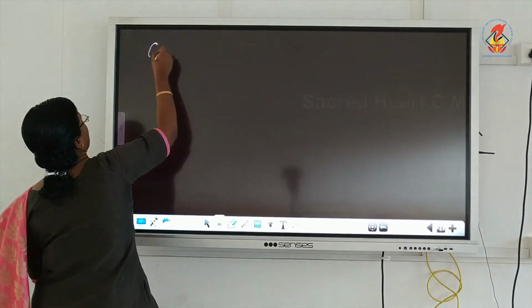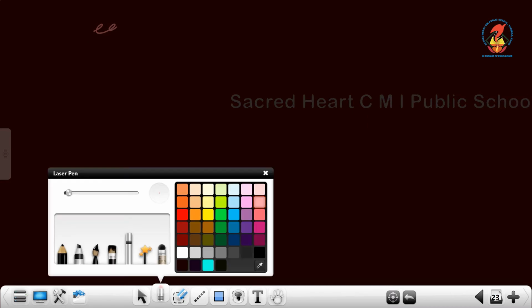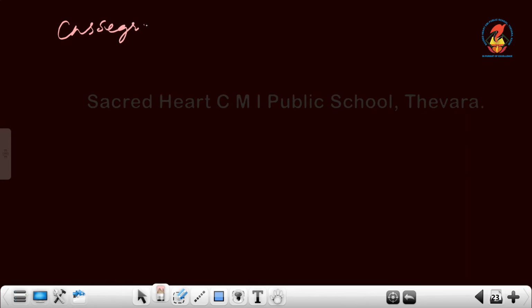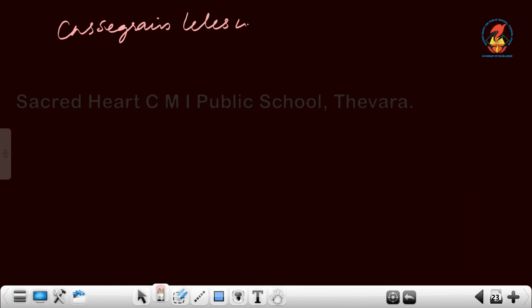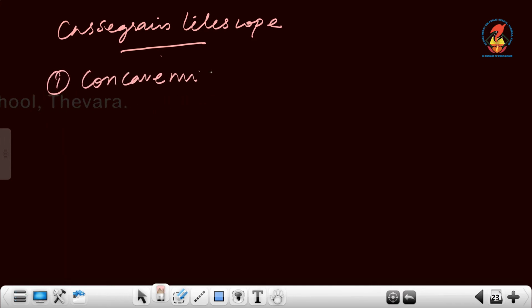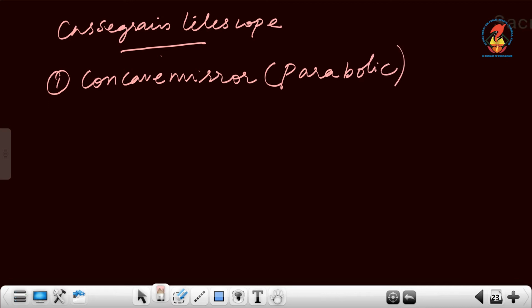Now the Cassegrain telescope mainly consists of a parabolic concave mirror, which means a more curved concave mirror, and also a convex mirror.